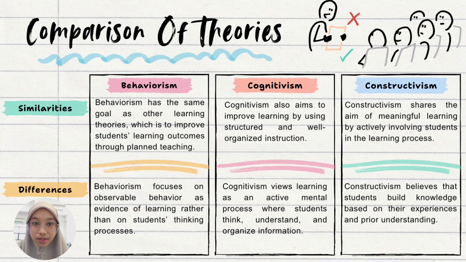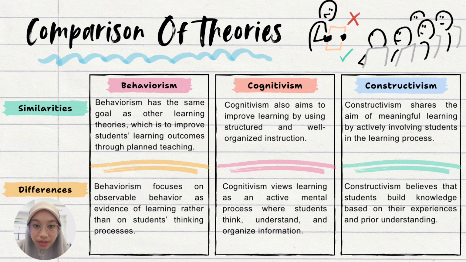The second is differences between behaviorism, constructivism and cognitivism. First, behaviorism focuses on observable behavior as evidence of learning rather than on students' thinking processes.